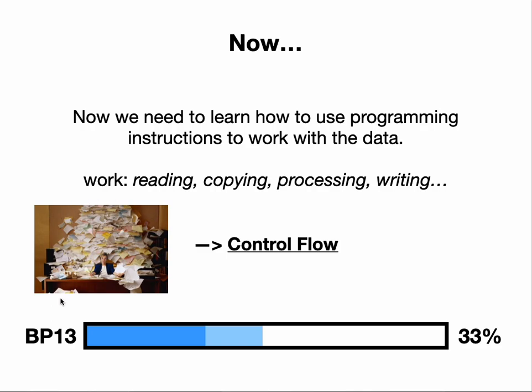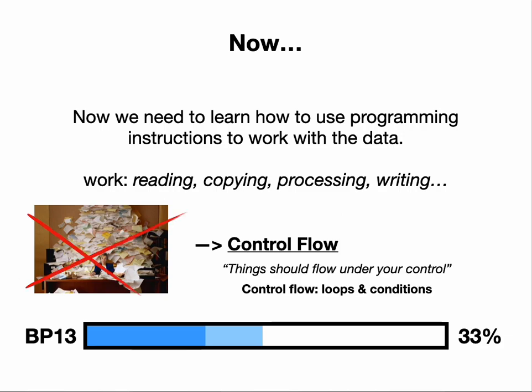You don't want to get overwhelmed by actions that you need to repeat, so you need the computer to do the things for you. So you need the computer for you to work and to read, to copy, to process, and to write data. So you need to learn about the control flow.